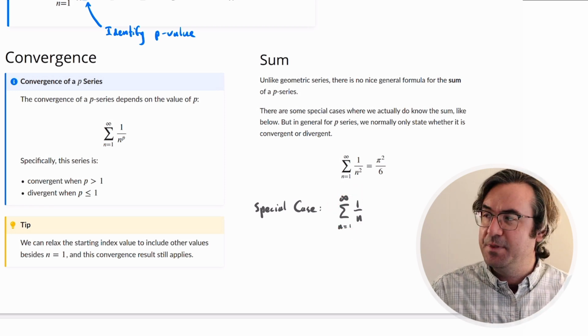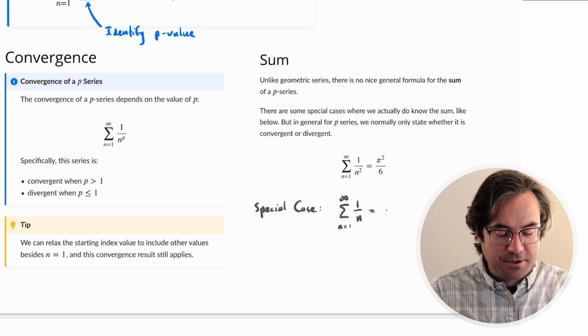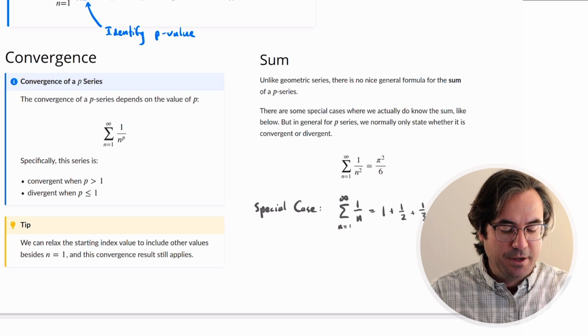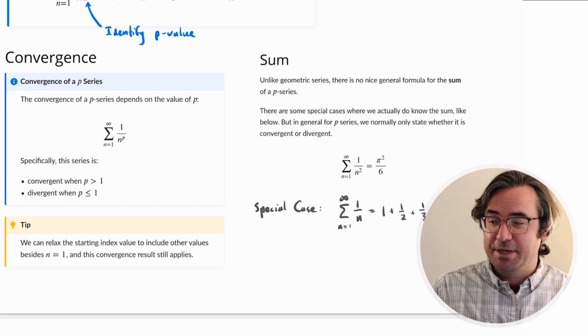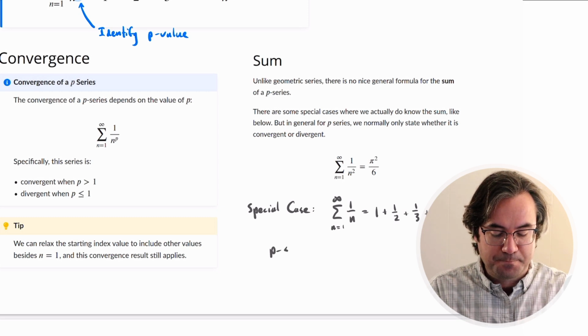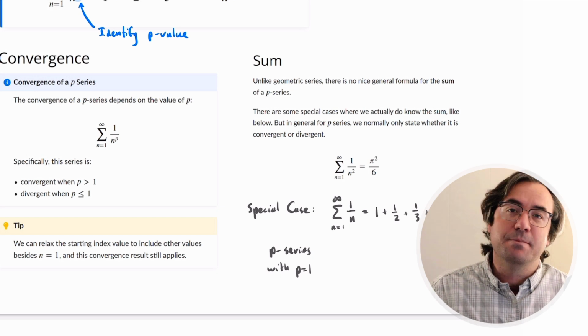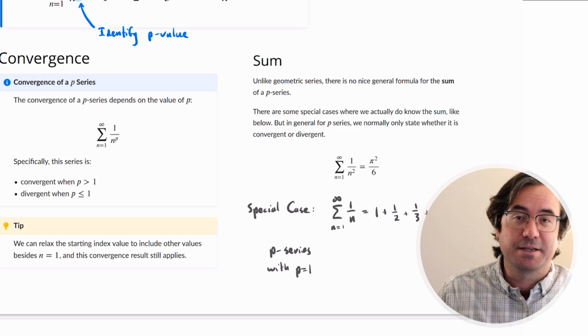If we write out the first few terms, this would be 1 plus 1 over 2 plus 1 over 3 plus 1 over 4, and so on. This series actually diverges. So this is a p-series with p equal to 1. It diverges, but it shows up enough that we give it a special name. We call this a harmonic series.